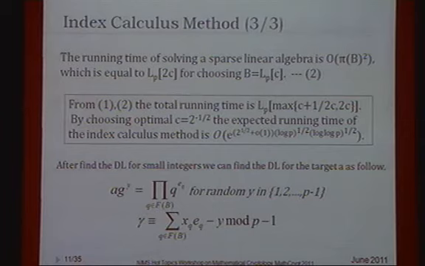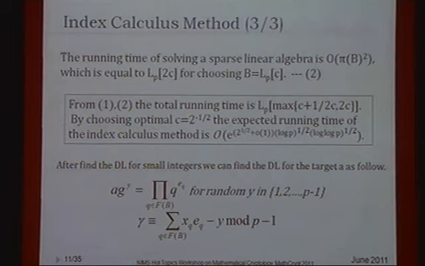And so, comparing equation 1 and equation 2, this choice is already optimal. So for the index calculus method, we get this theorem. This theorem tries to optimize the constant term c.